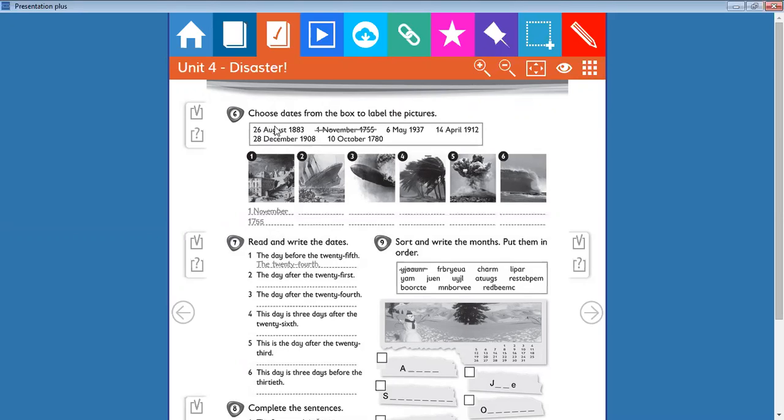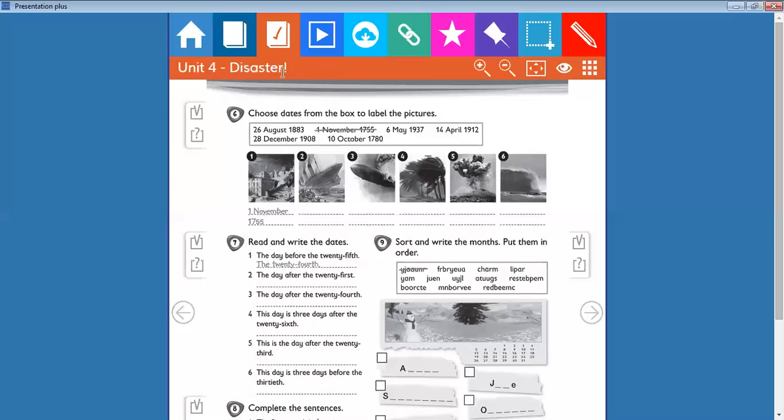So here we are going to choose the dates for each of these pictures. We are going to label these pictures. Do you remember these pictures? We saw them last time in our pupil's book when we talked about disasters.